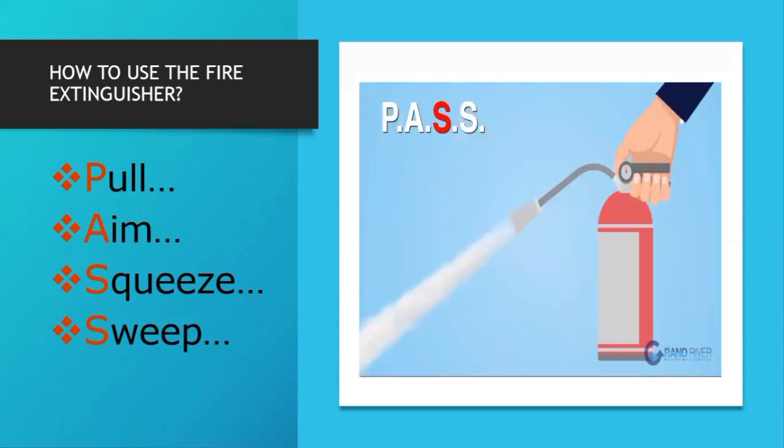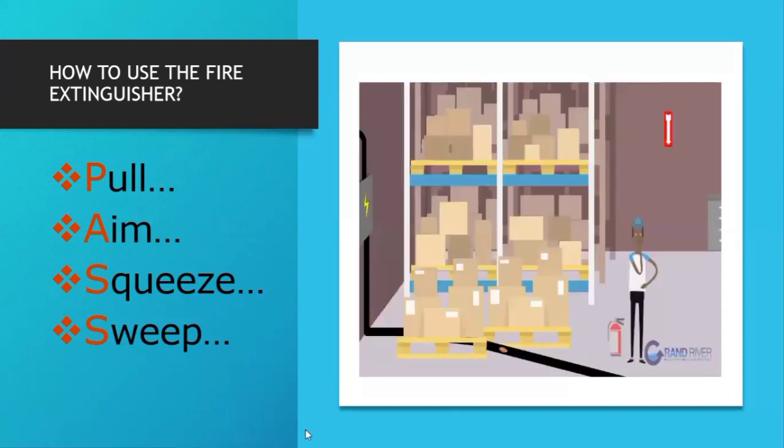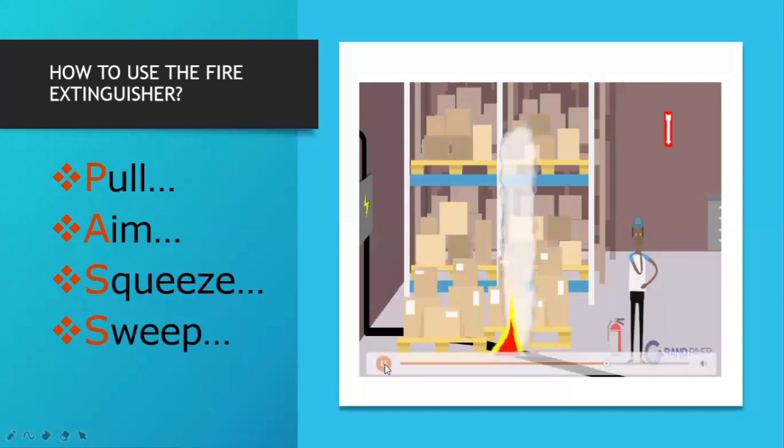Once you aim, squeeze the trigger, and while squeezing, move the nozzle of the fire extinguisher side to side. That is how you use the fire extinguisher.